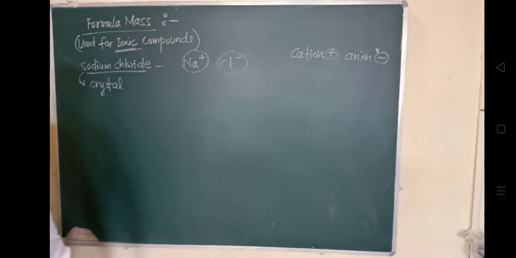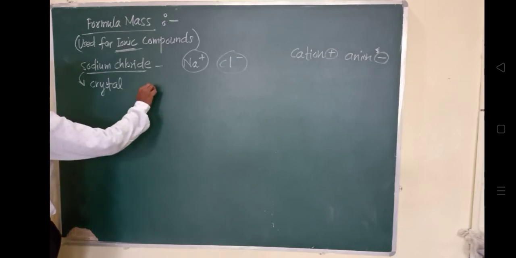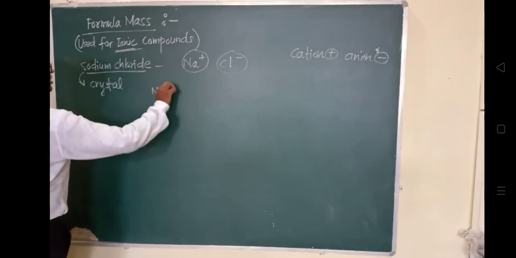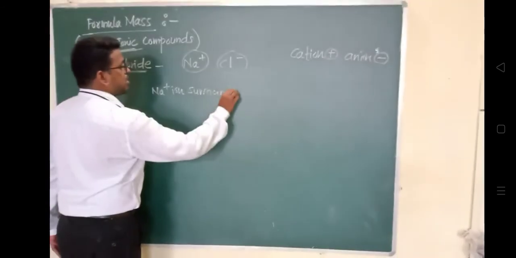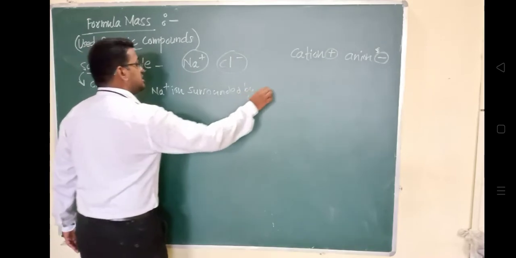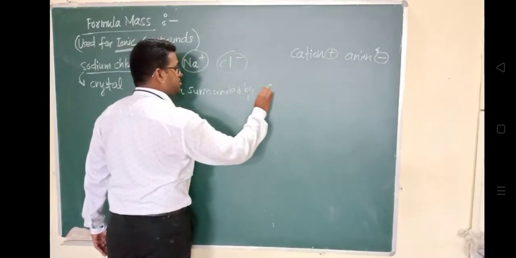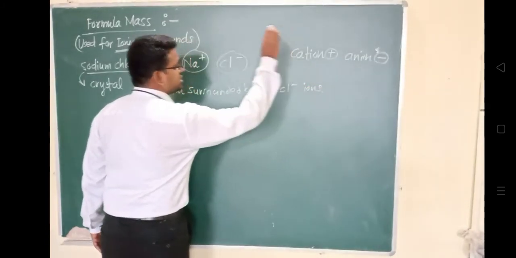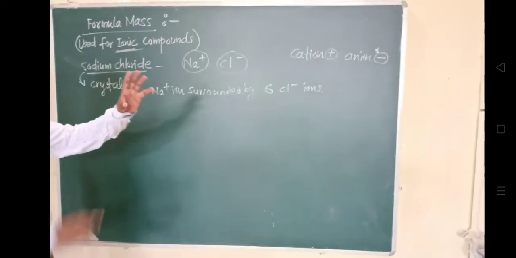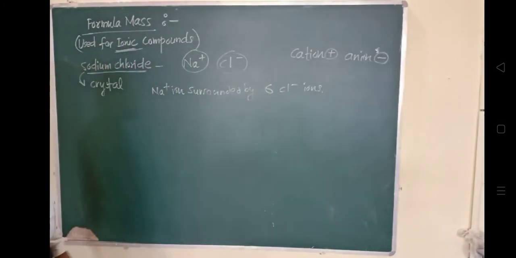So sodium chloride is in crystal form, in which the Na plus ion is surrounded by 6 Cl minus ions. एक Na रहेगा और उसके सराउंडिंग में 6 क्लोराइड आयंस रहेंगे, Cl minus ions रहेंगे.